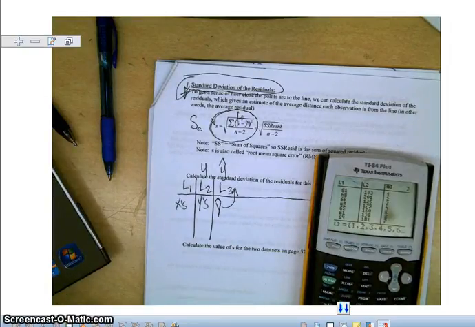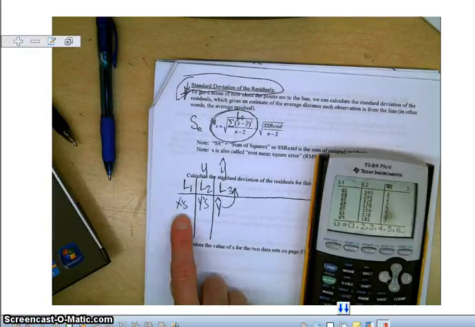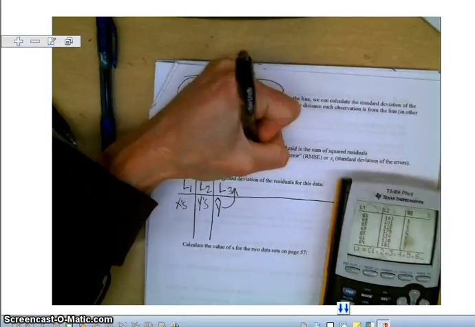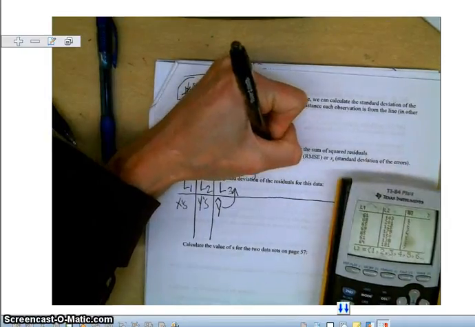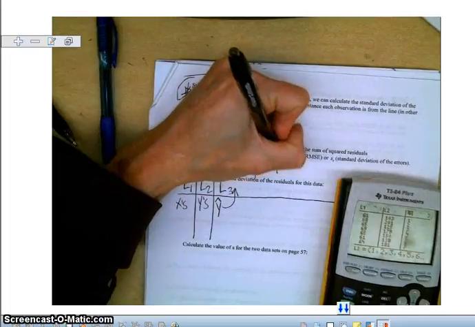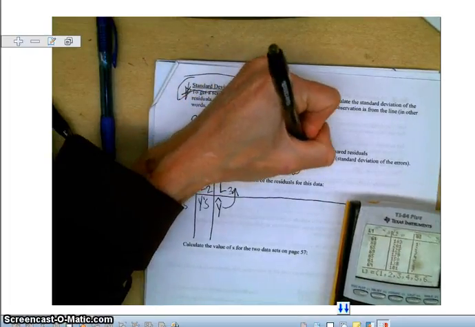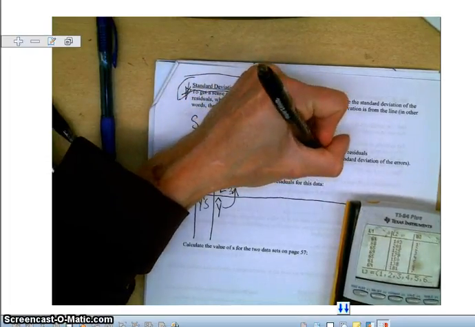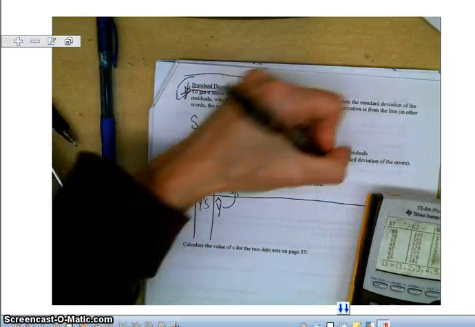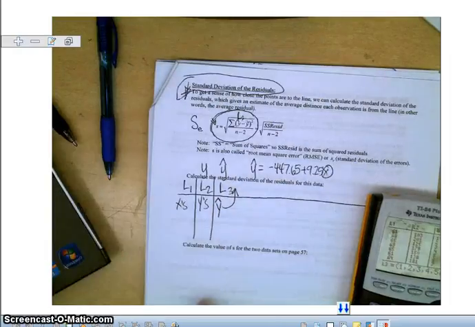If I put all of my x's into the regression equation, which remember y hat was, what was it? Negative 447.65 plus 9.25x. Now, it's not x though. The x's are where? List 1.